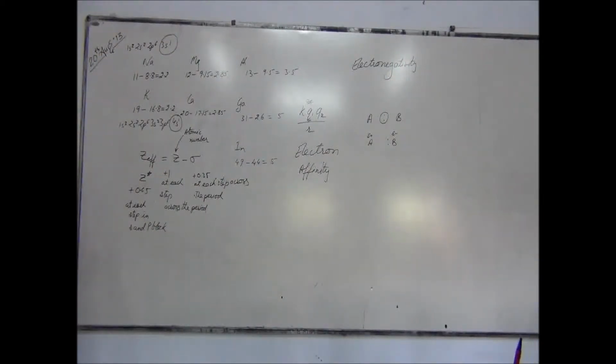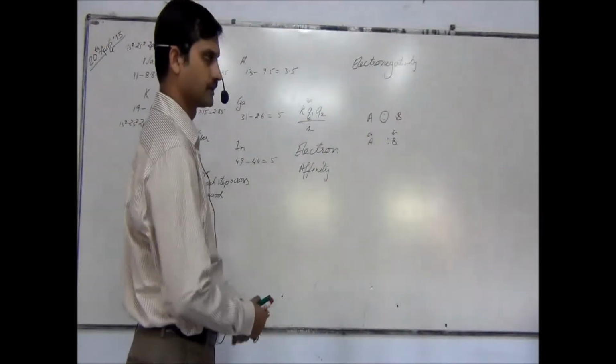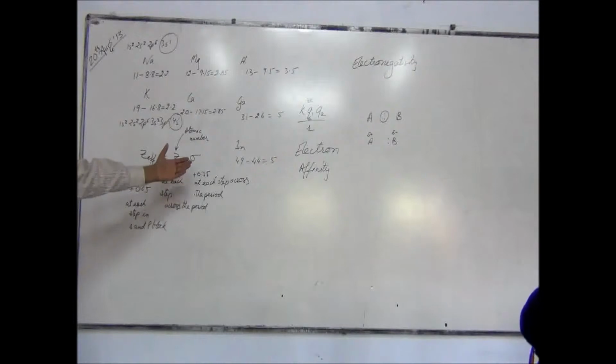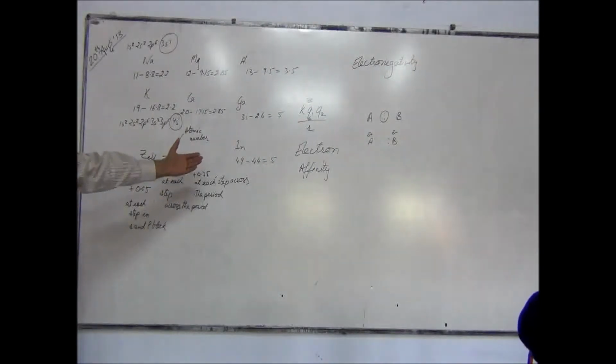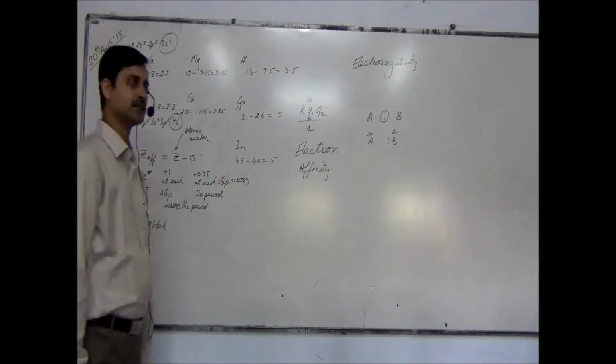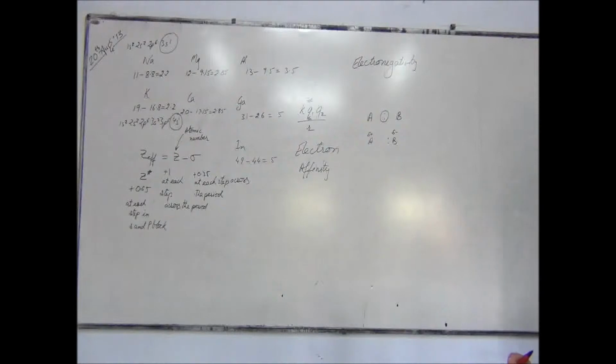We have found how to find out the effective nuclear charge, and what the effects of the effective nuclear charge are. And we discussed that as we move down the group, the effective nuclear charge actually decreases. That is, whenever we move down the group, the number of shells in the atoms increases, and as the number of shells increases, the effective nuclear charge decreases.